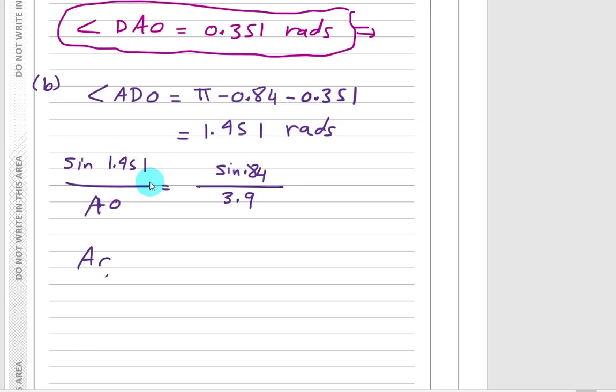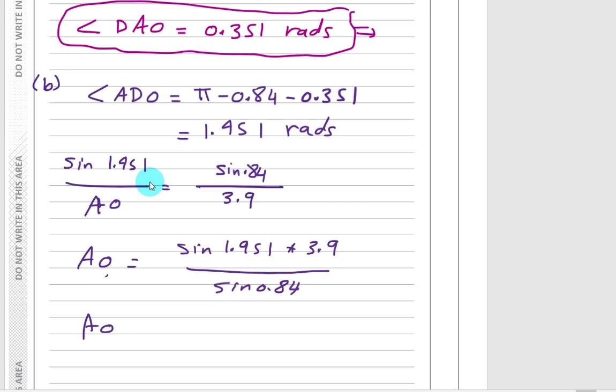So AO is equal to sine 1.951 by 3.9 divided by sine 0.84.